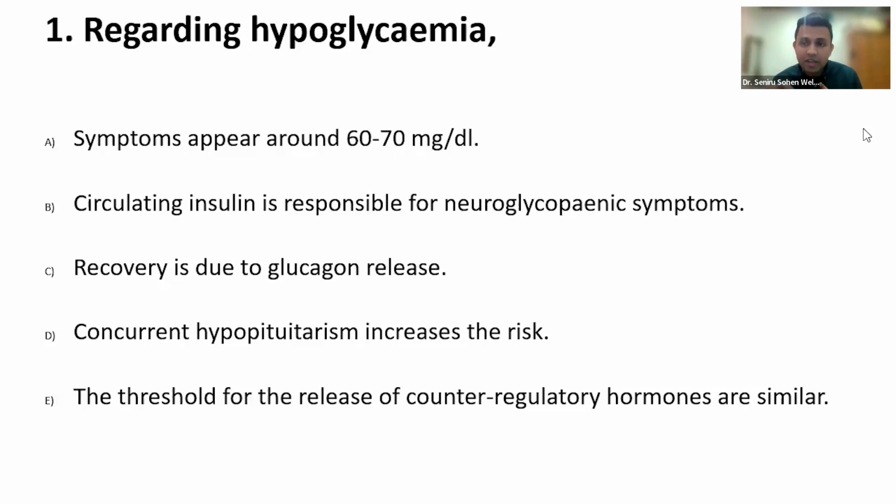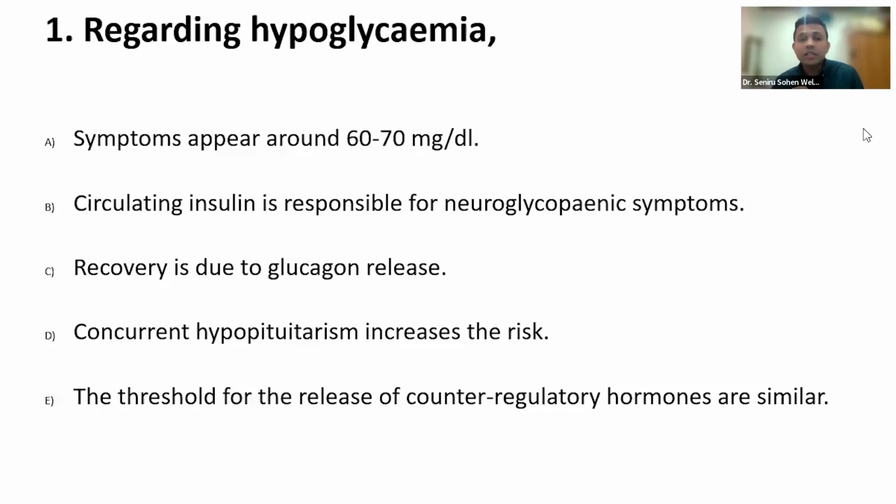And then on the other hand, you have the neuroglycopenic symptoms, which are due to direct lack of glucose to the brain cells, like weakness, confusion, altered mental status, and even, in severe cases, fits. And if the glucose falls very low, like below 20-30, then you can have brain death also.